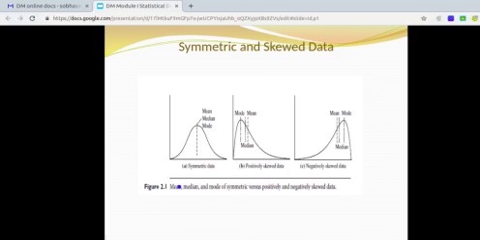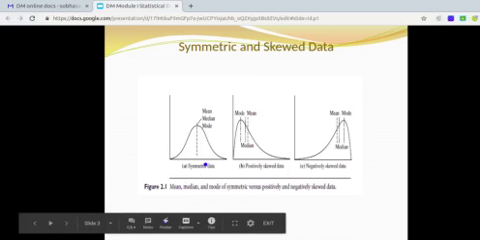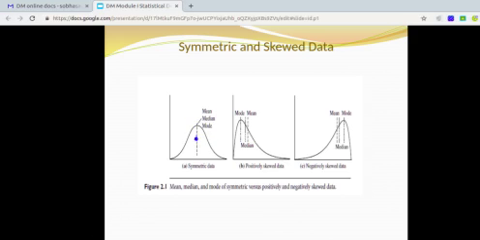If you think about the symmetricity of the data, you can see that if the data is symmetric, then mean, median, mode are always at the central value of the data. So in the first example the data is symmetric, but in the second and third examples the data is not symmetric. You can see in the graph, it is not symmetrically distributed, equally on either side of the mean, median, mode value.